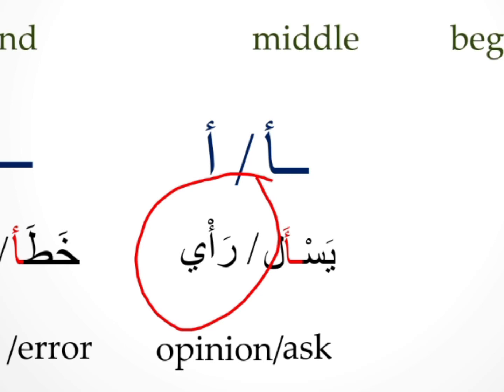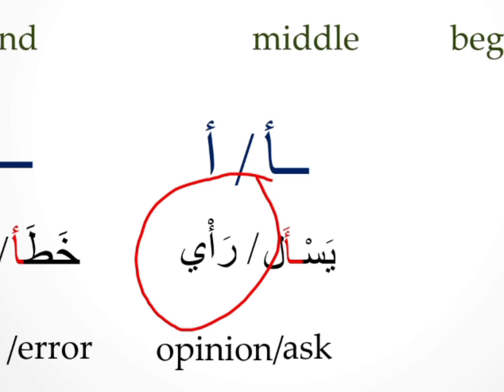It's a small circle. This is called Sukun. Sukun is not a short vowel, it is not a haraka. Sukun is a sign that tells you to pronounce the letter without any haraka. It is not a, it is not e, it is not u. It is just a. رأي.